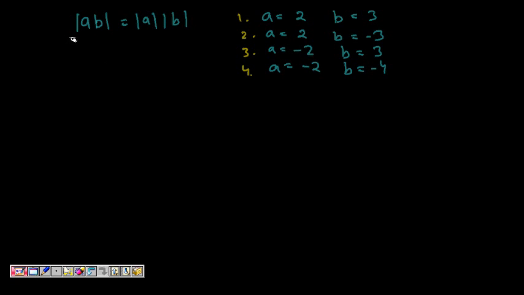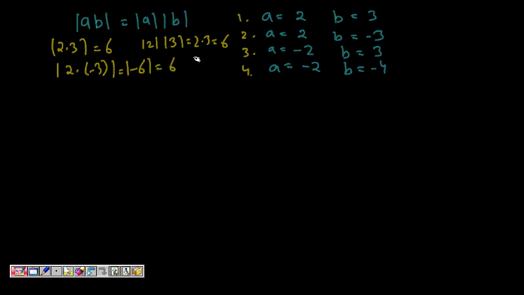Mod of a into b for the first case is mod of 2 into 3, which is 6, and mod a into mod b is mod 2 into mod 3, so this is 2 into 3, which is 6. So this is fine. For the second case, 2 into minus 3, mod of minus 6 is 6, and mod of 2 into mod of minus 3 is 2 into 3, which is 6. So this is also true.